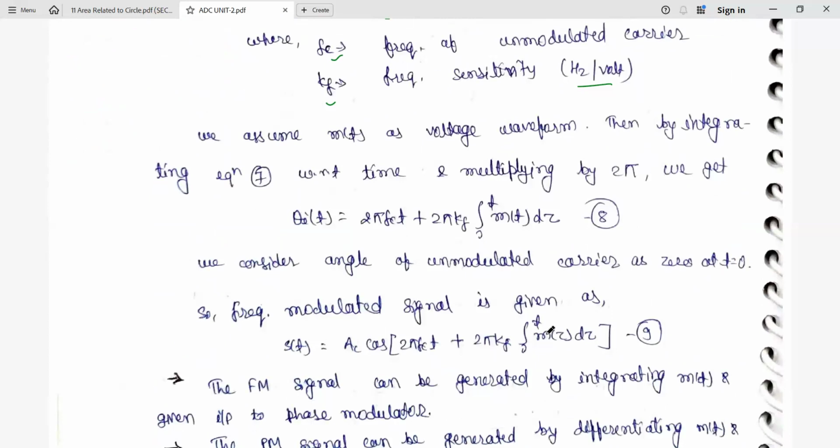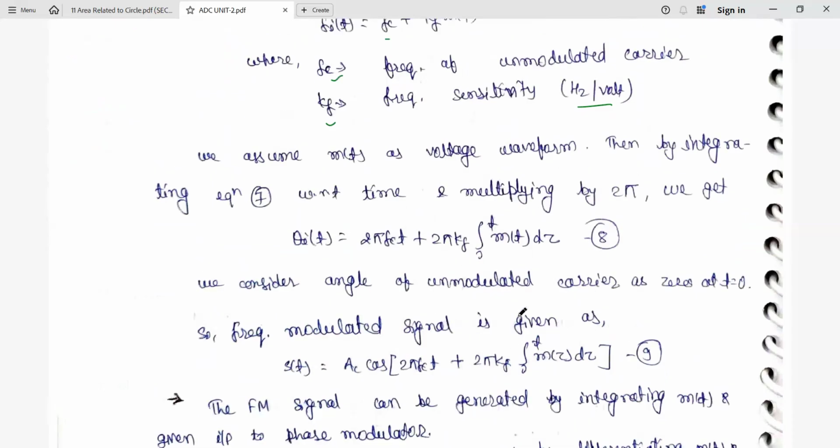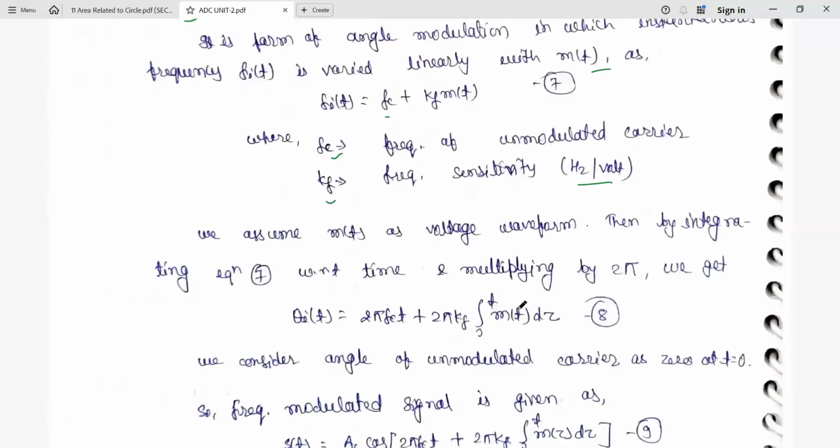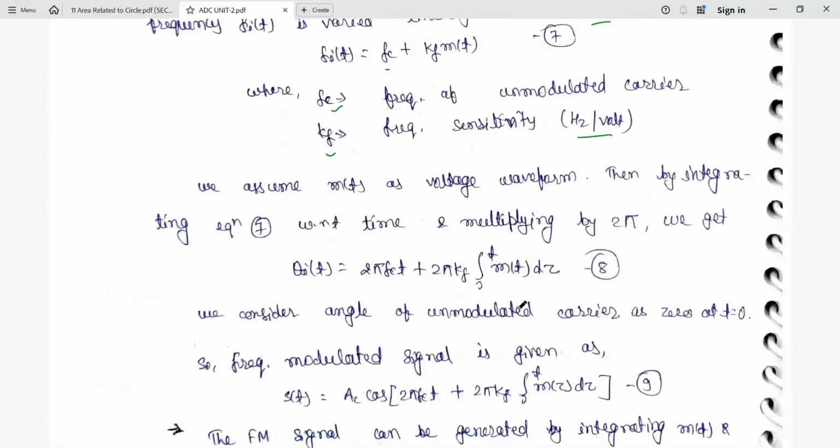Then if you integrate what we got here, that is fi of t, after integration and multiplying both sides by 2 pi, we have 2 pi fi of t, 2 pi fc and 2 pi kf into m of t.